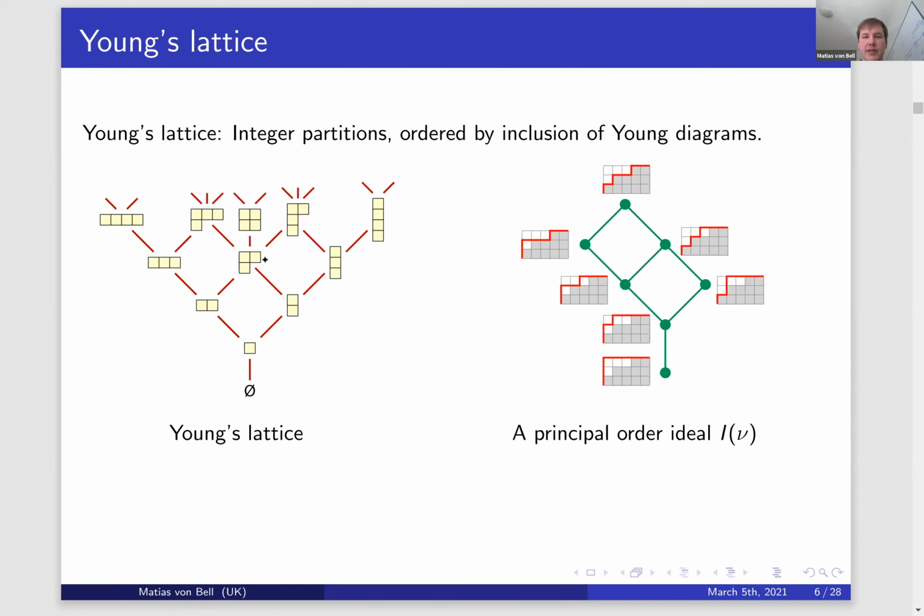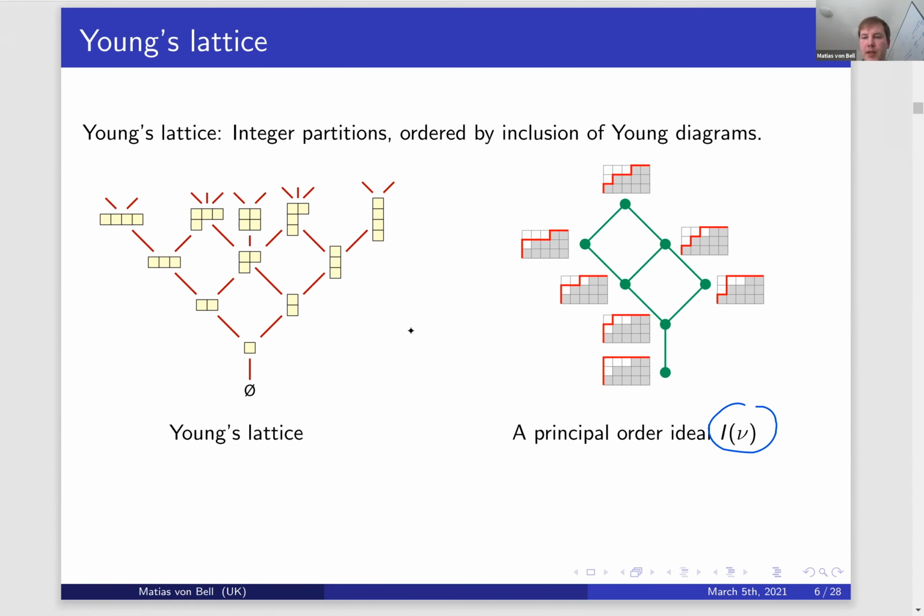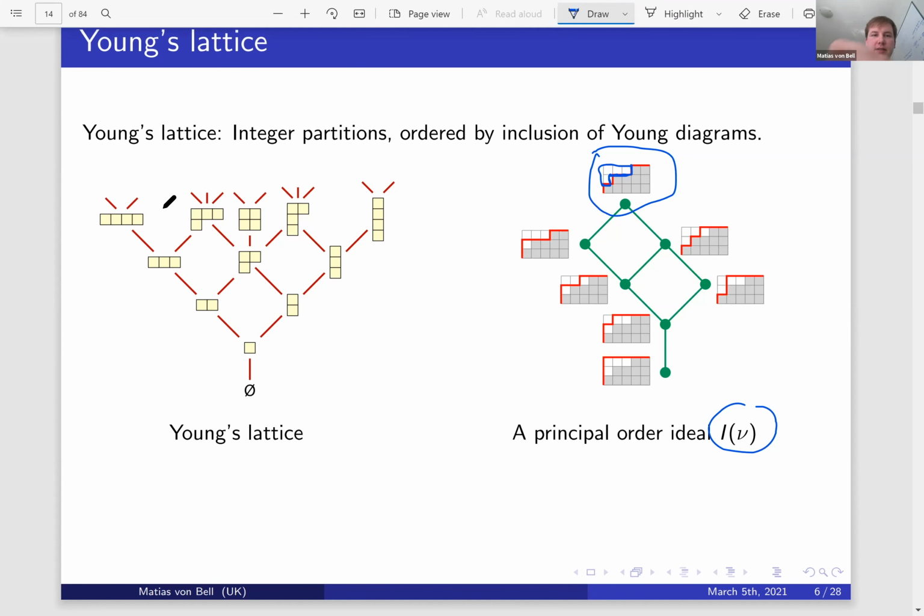And so what we're going to be thinking about today are principal order ideals in this Young's lattice. And we can denote a principal order ideal by I nu, where for our lattice path nu, if you look at this lattice path nu here, and look at just the region above the path, then that looks exactly like an integer partition. So there's a natural correspondence between these partitions and nu-Dyck paths.